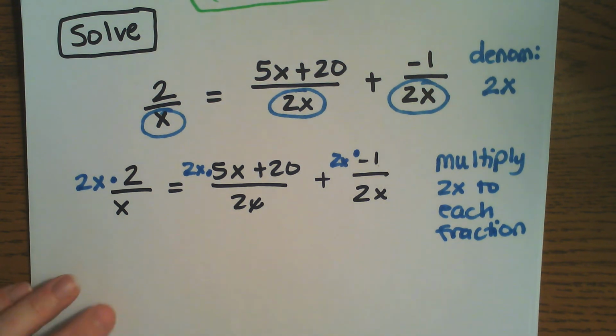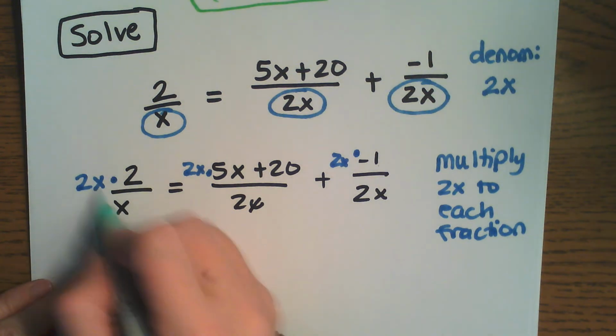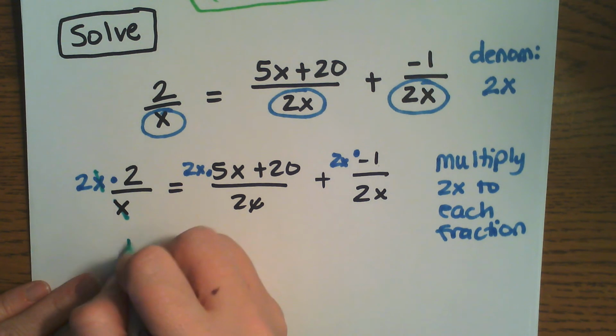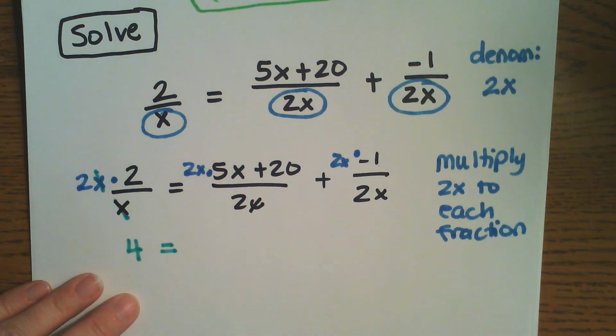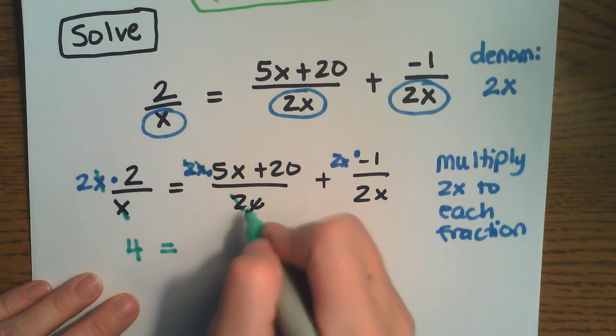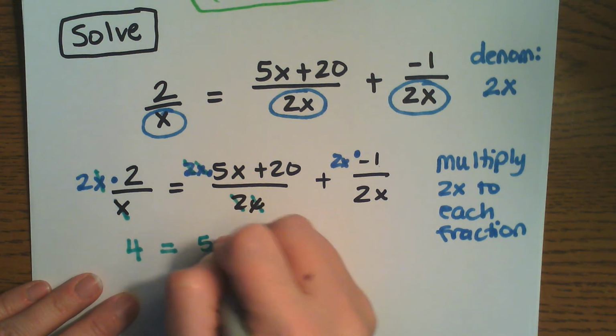I do this to cross out the denominators. So on this fraction, x and x cancel. 2 times 2 is 4. On the next one, 2 and x cancel.